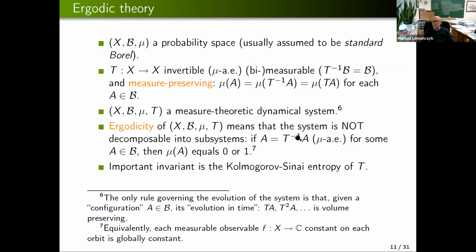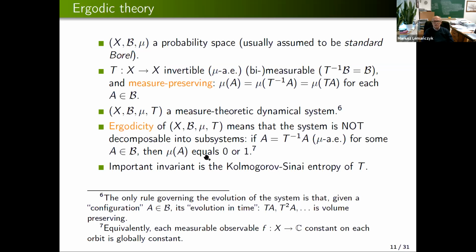So in other words, if we have a set which is invariant, of course all equalities here are understood almost everywhere, so up to a set of measure 0. If I have such a set, then the dynamics is inside this set, and this I would not like to see, because then I have maybe a simpler system to study, etc., etc.